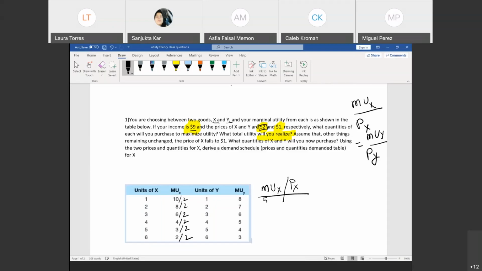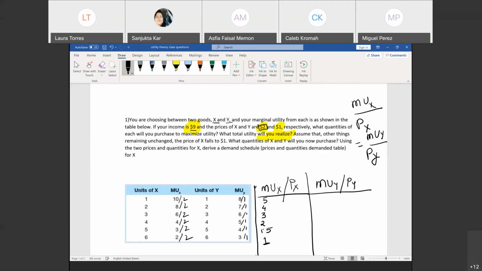So I have 5, 4, 3, then I have 2, then I have 1.5 and 1. So these are the numbers I'm getting here. Now I have to do the same thing for the other good, which is good Y. So all these numbers, MUY over PY, I'm going to divide all of these numbers over 1 basically.